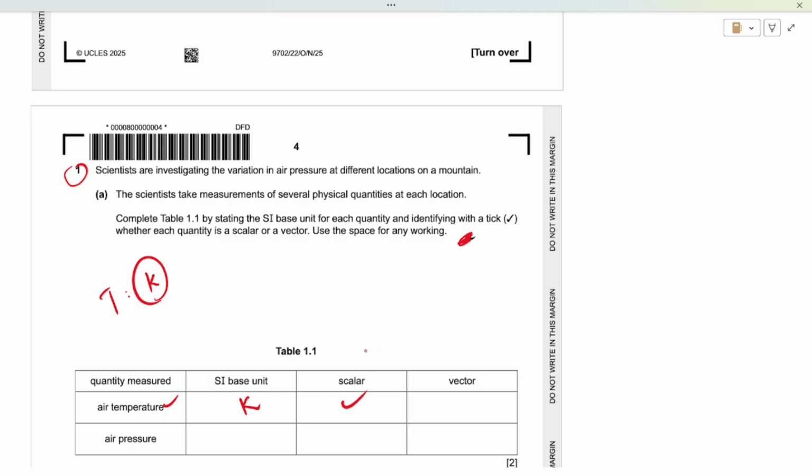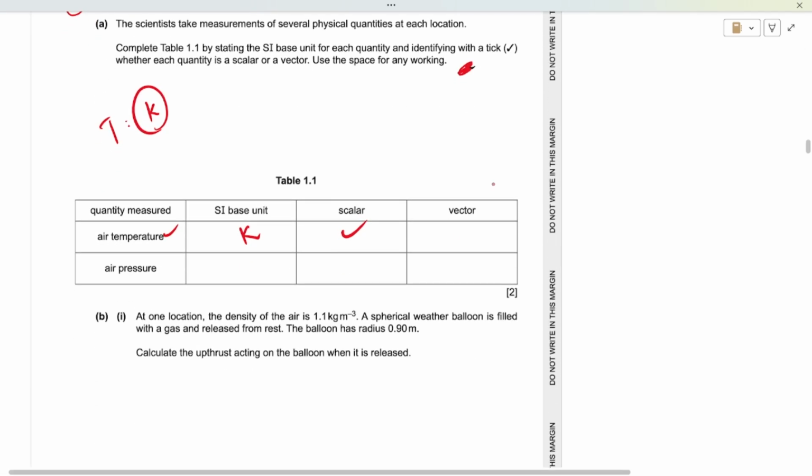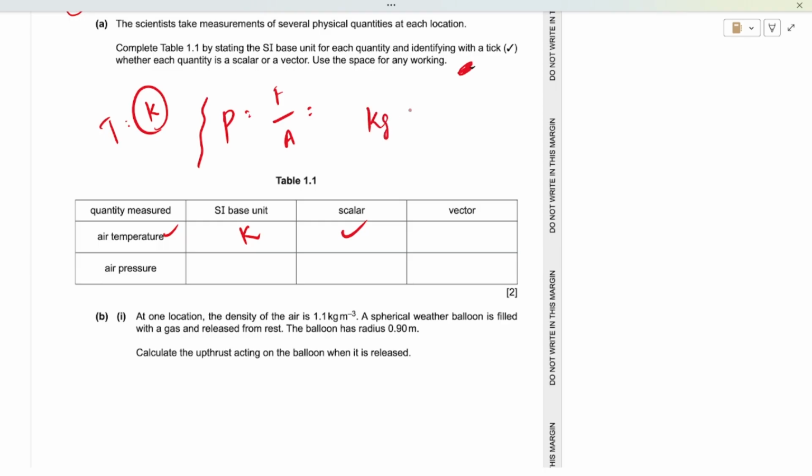The second thing is air pressure, and we know the formula for it. Pressure is equal to force divided by area, and the base unit for force is kilogram meter second to the power minus 2, divided by meter squared. If we cancel it out, we get kilogram meter inverse second to the power minus 2, and this is going to be the base unit.